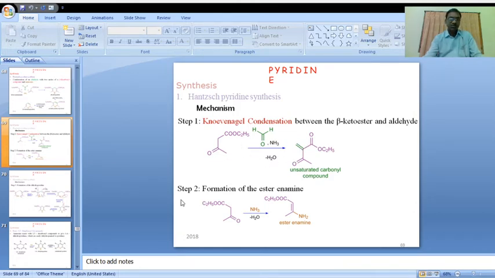Now let us go to step 2, formation of ester enamine. Here, the second mole of beta keto ester, or beta carbonyl compound, reacts with ammonia. In this reaction, there is a loss of a water molecule, to form the ester enamine.